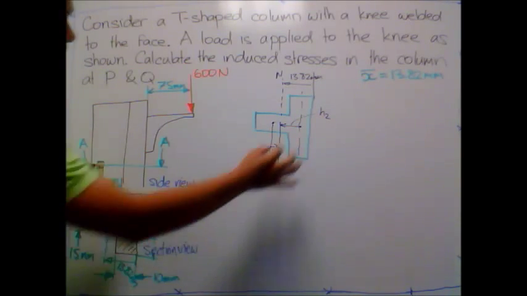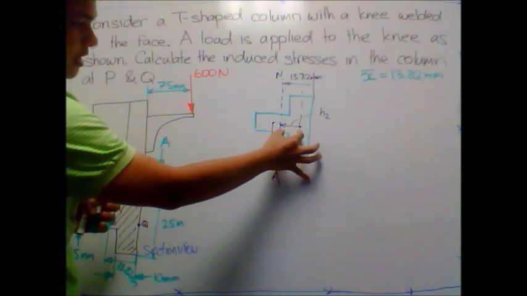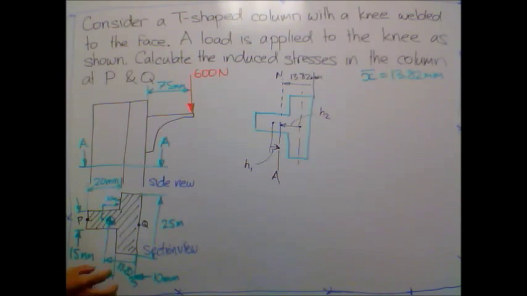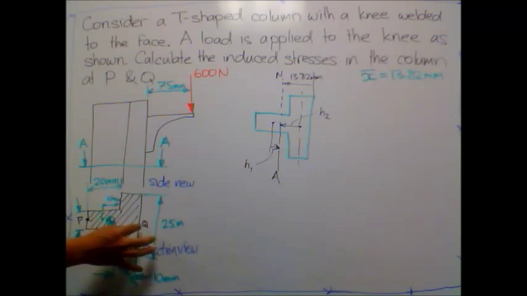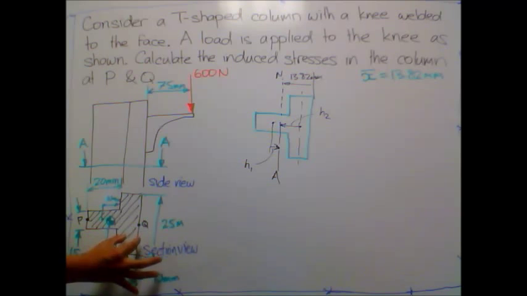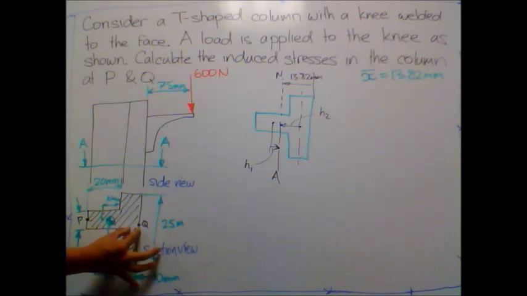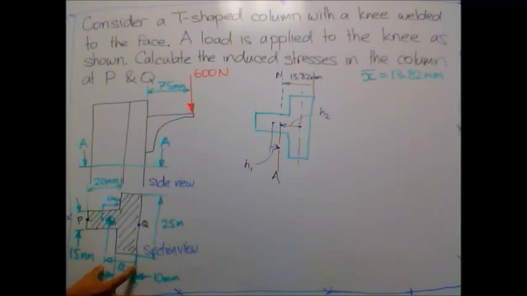I can determine that distance. I know the distance between the center of shape 1 and this reference point is 5 millimeters, and I know this distance here is 13.82 millimeters.